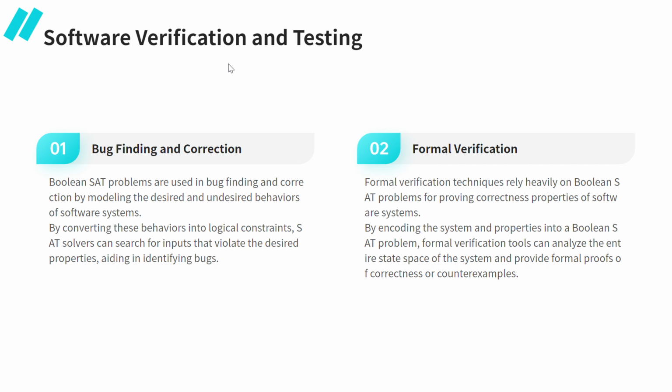Coming to software verification, bug finding and correction, formal verification. SAT problems are used in bug finding and correction by modeling desired and undesired behaviors of software systems. Formal verification techniques rely heavily on Boolean SAT problems for proving correctness properties of software systems.